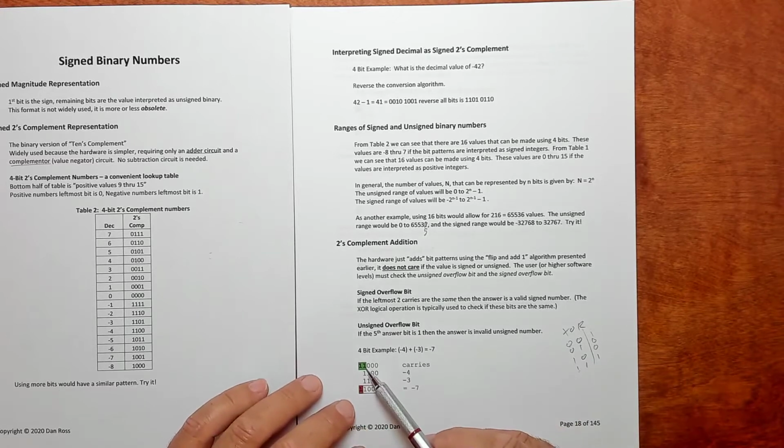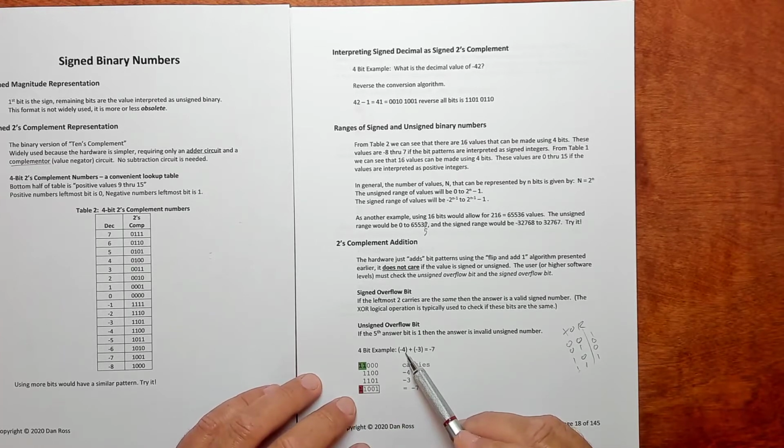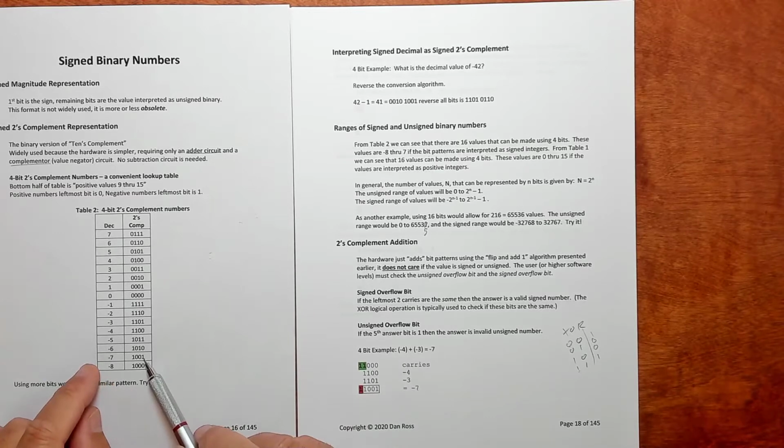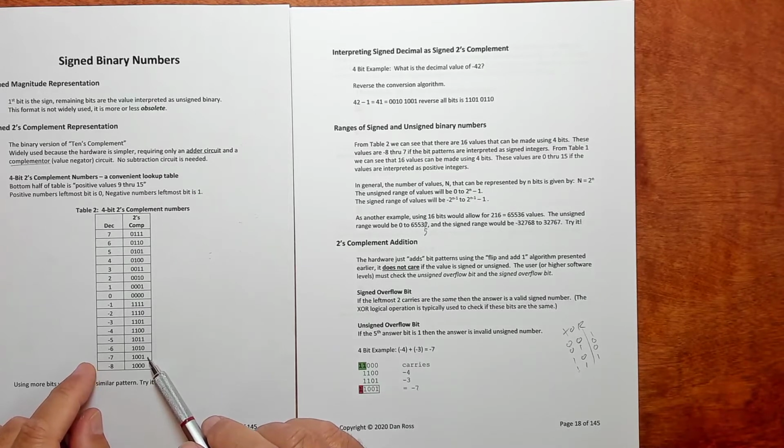Okay, so if they're the same, it means that the answer is a valid signed number, which this one is, right? Because -4 plus -3 is -7, and that's what this is down here. If you look at 1001 in the table, that's -7. So if you interpret the answer as signed, you look at these 4 bits, and you can see from this table that the answer is -7.